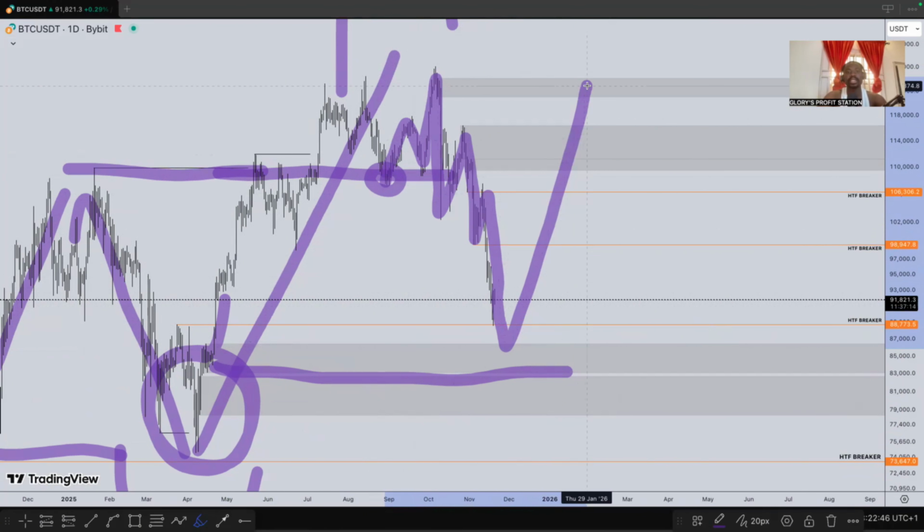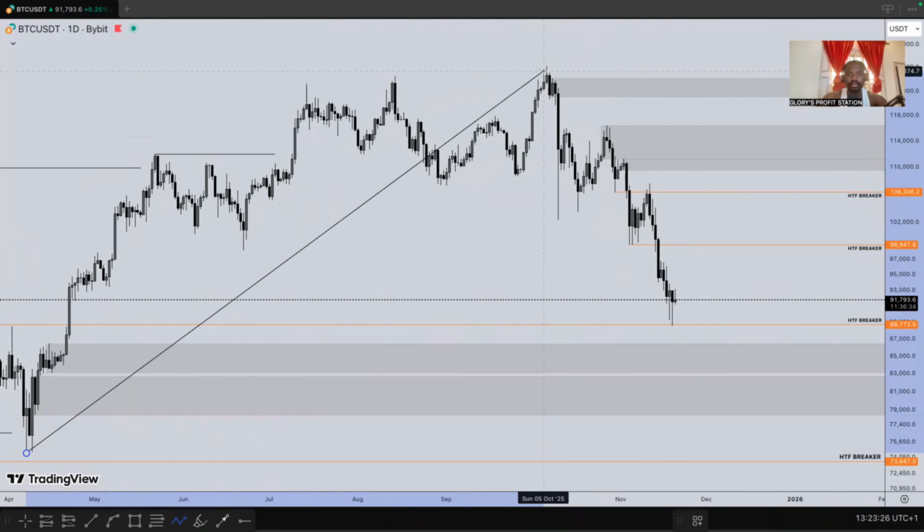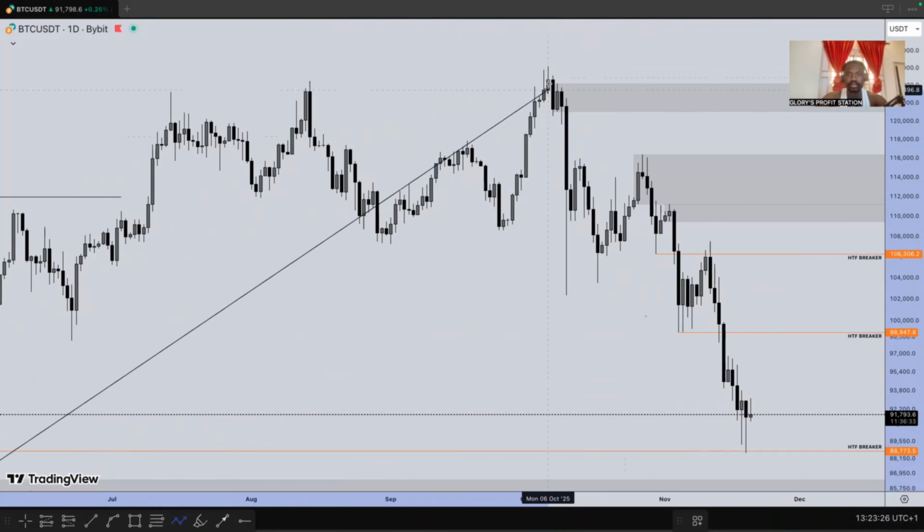So I'm going to go back and make this more beautiful, for lack of better words. So where I'm looking at currently is the most recent leg of price, which is from this low all the way to this high.